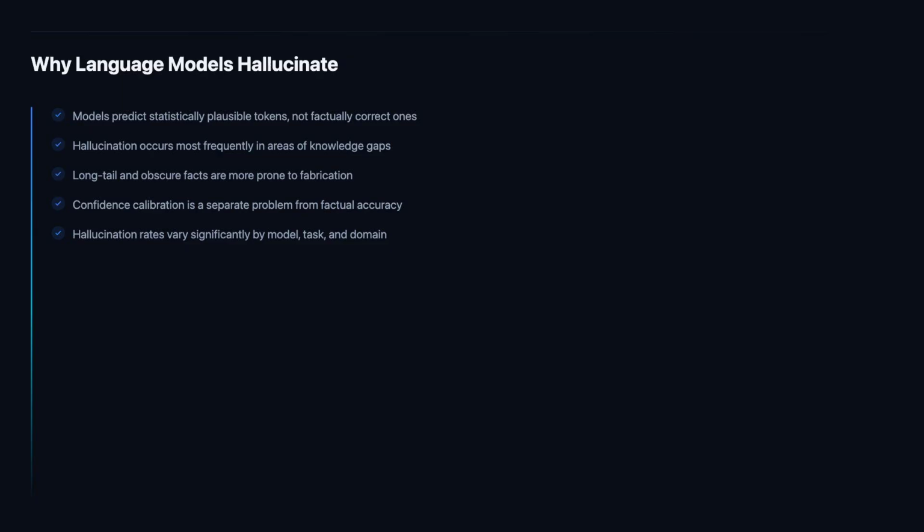Some domains, mathematics, code, well-documented science, show lower hallucination rates than others, legal detail, biographical facts, financial specifics. Understanding this variation helps practitioners assess risk and apply appropriate controls for each use case.